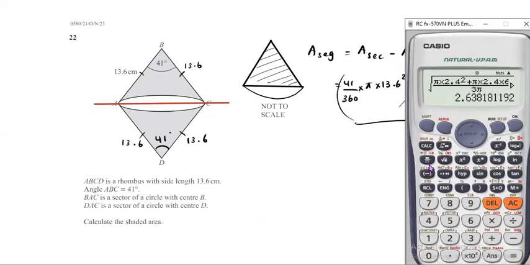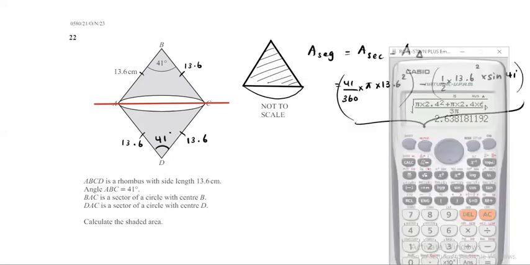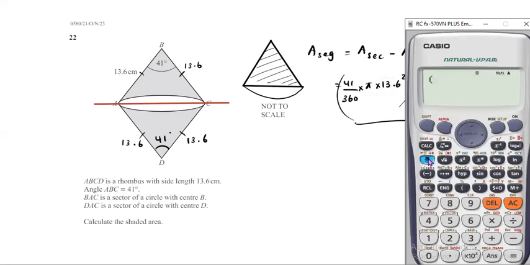So then we have to calculate, okay, first let me put the brackets, fraction. We have 41 over 360 and I need to multiply this with pi times the radius squared, which is 13.6 squared. I'm going to close the bracket.